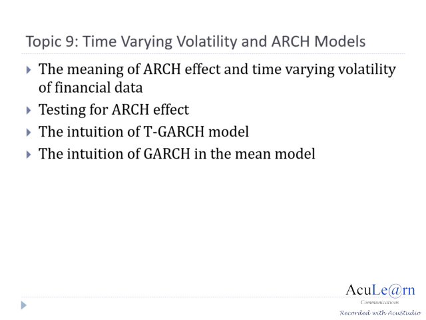Basically, it says that when you have larger squared error of the regression in the last period, you should also have larger conditional variance of the regression today.